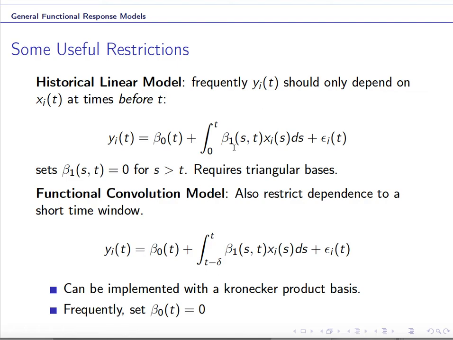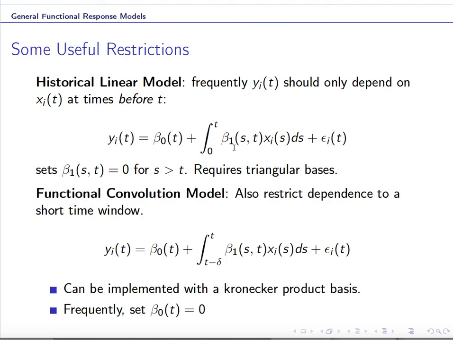And for the functional convolution models, it will be even more complicated. For the functional convolution model, the value of beta(s,t) will only be nonzero when s is between t minus delta and t, right? So suppose this is s equal to t, and this is s equal to t minus delta. Basically, this is the range, and this is delta.